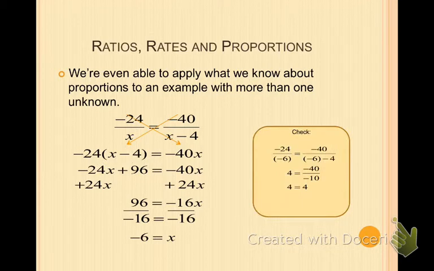Okay. If you wanted to check yourself, you can always plug that negative 6 back in, and you would find out that 4 equals 4 tells you that you did indeed get the correct answer.